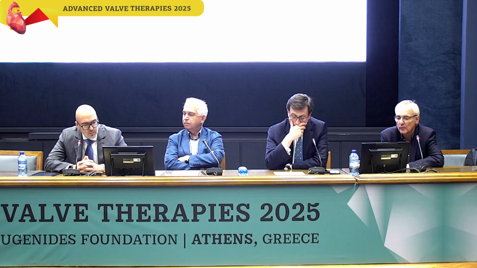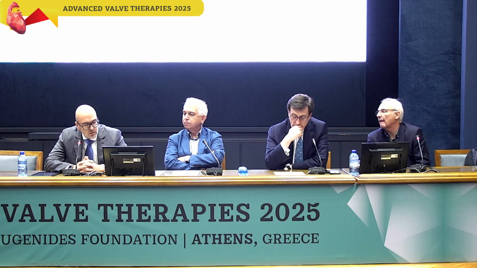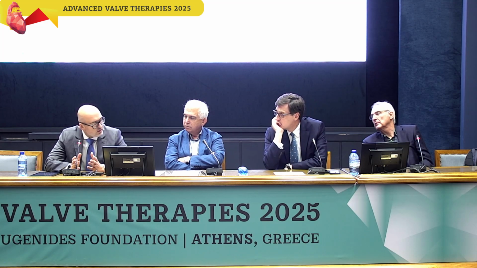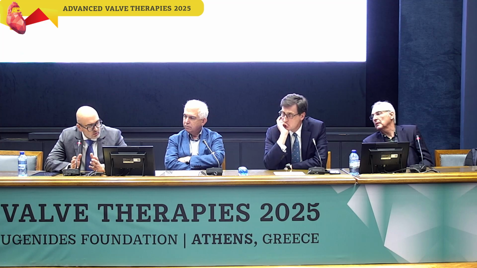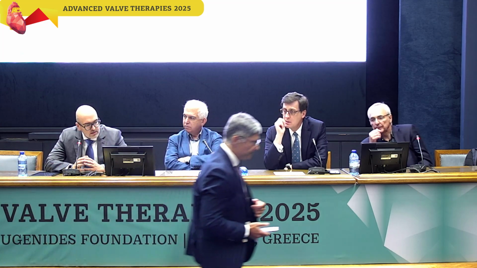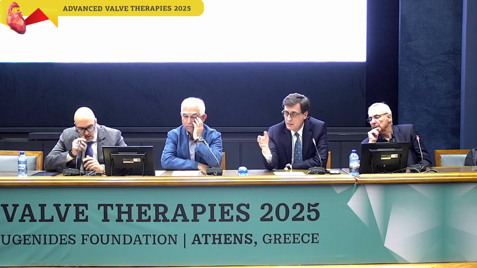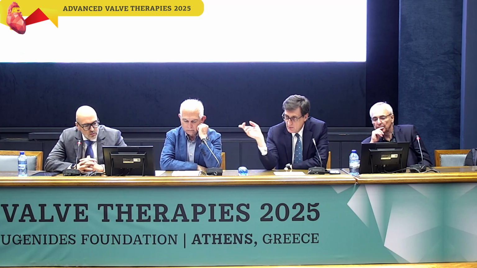If the operator or team is more comfortable with repositioning of the valve in such a case, then you have to choose the Evolut. If it doesn't matter for you, then you can go with a balloon expandable valve, one shot, and that's all. My second comment is about the diameter of the balloon. In such cases, it's very important to go close to the small diameter.